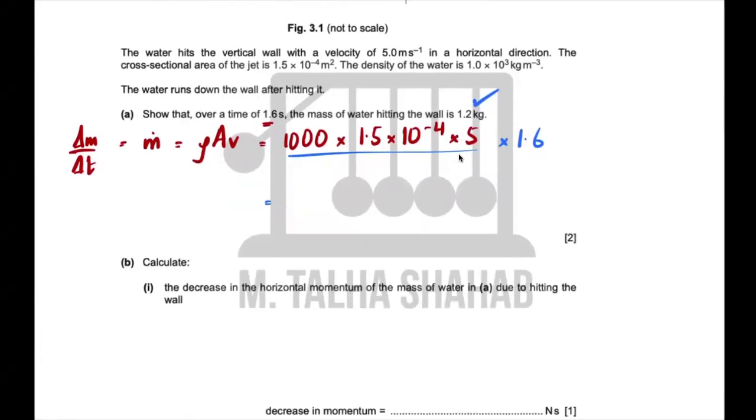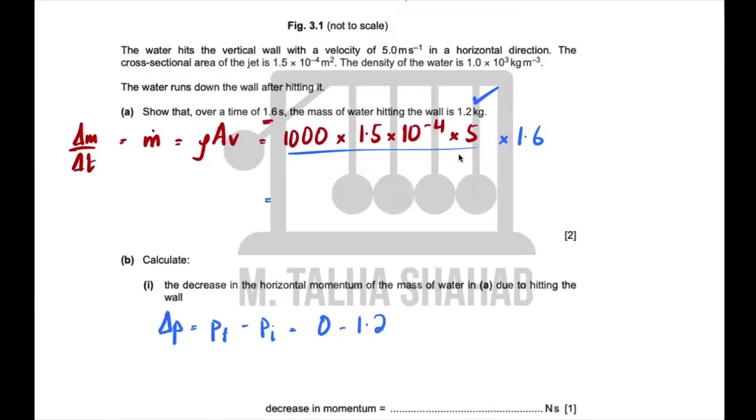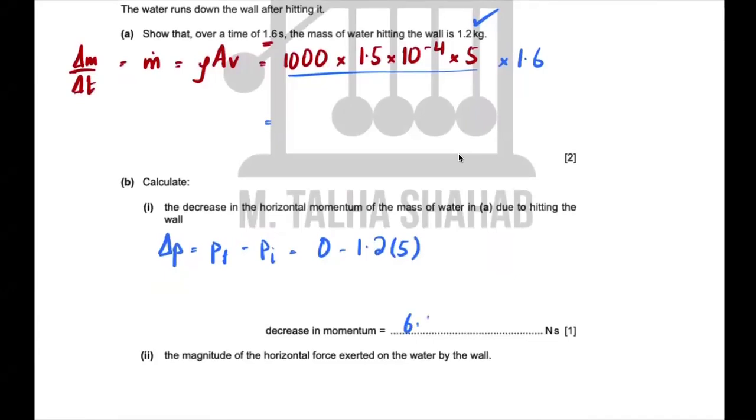Horizontally, the momentum becomes 0. And it also says the decrease in horizontal momentum, so all I need to do is use the change in momentum formula. Final momentum is 0. Initial momentum is what you'll have to calculate. So 0 minus 1.2 times whatever the initial velocity was, which was 5.